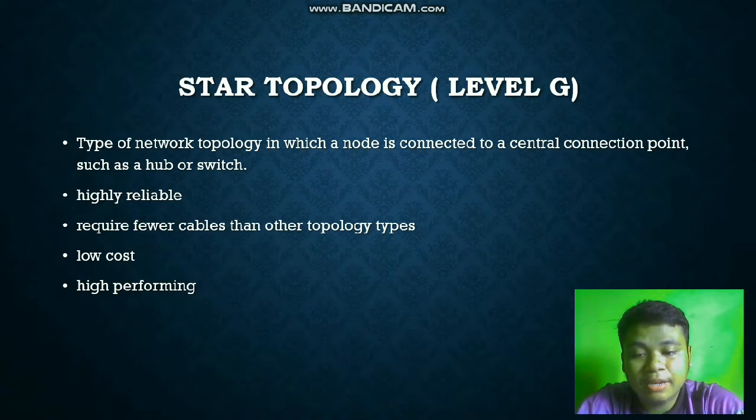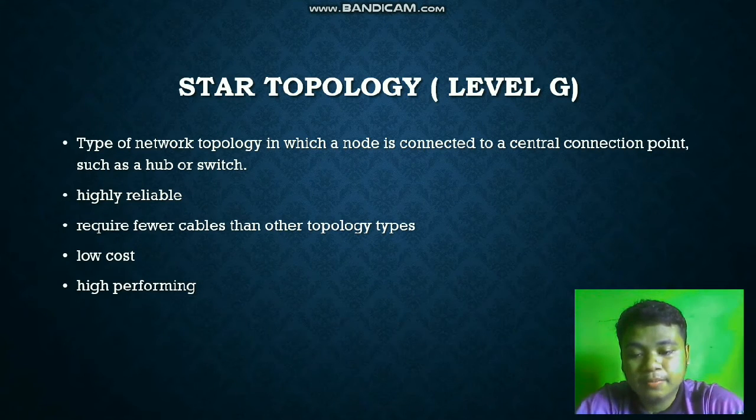The reason why we chose this topology for level G is because it is highly reliable in terms of data transmission. If any cable is broken, the network is not affected, and it's easy to add a new device to the network without interrupting other nodes.